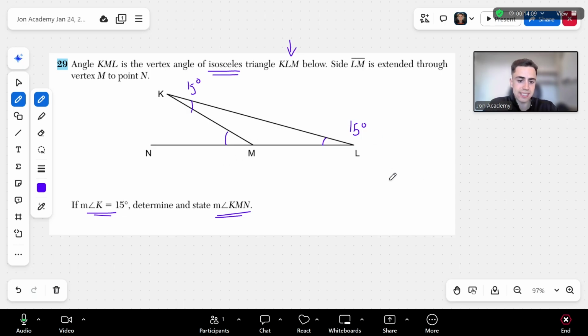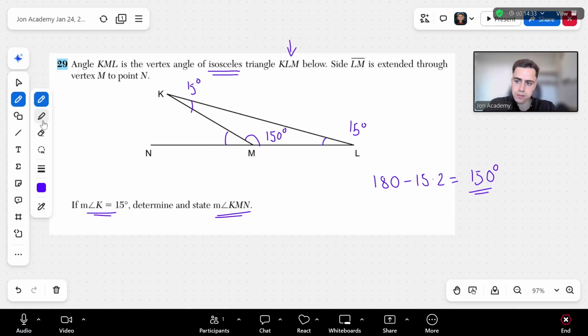But what happens? The sum of the three angles at any triangle has to be 180. Therefore, we are going to have 180 minus 15 times 2, because 2 are the same size. That's going to be 180 minus 30, which is 150. So we could draw this one is 150.